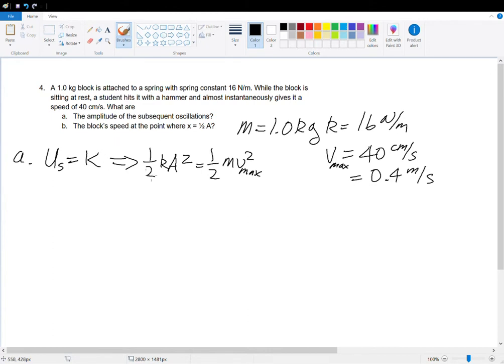And this also is handy because we want to solve for amplitude in the first place. So all we have to do is some algebra and cancel those out, and we get A squared is equal to m v max squared over k, and we know that A is equal to the square root of m v max squared over k.